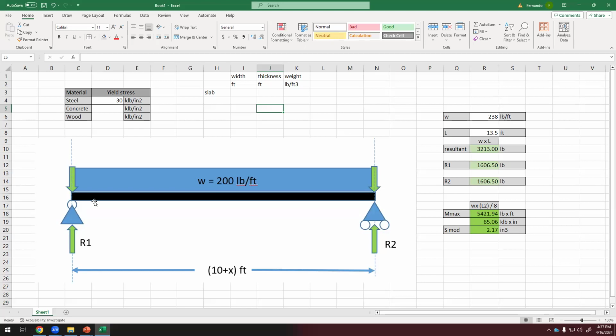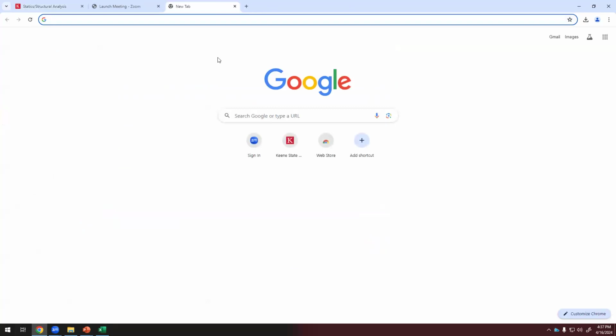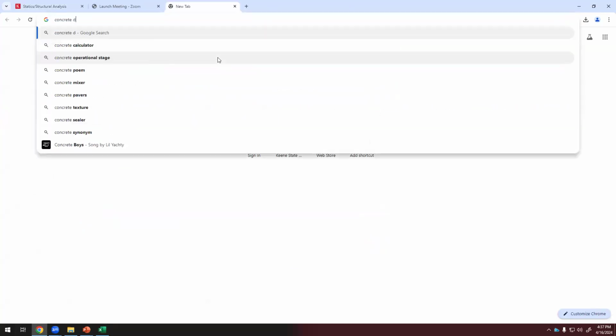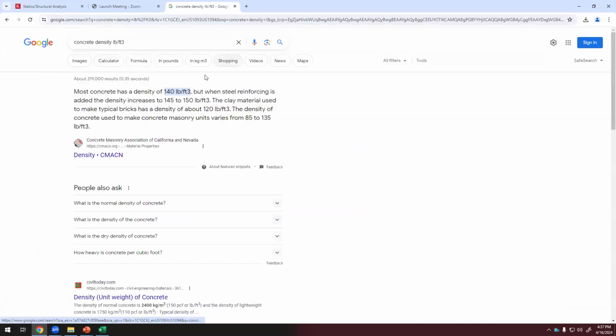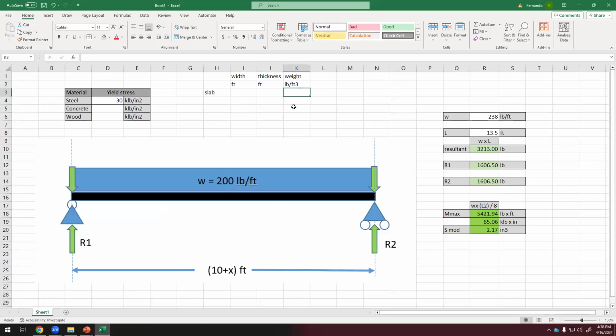Okay. So the slab is made of concrete. So what's the concrete density in pounds per cubic feet? It's 140 pounds per cubic feet or 150. Let's type 150 because it's easier to remember.